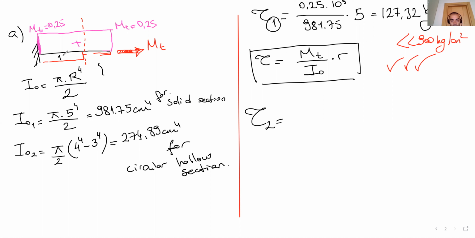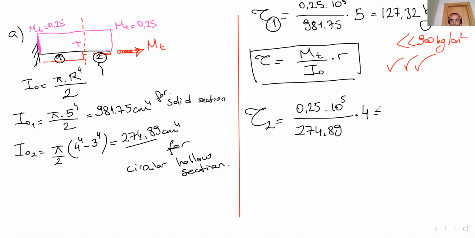This is portion 1, portion 2, the circular hollow section. The moment is constant all along the cantilever. That's why the moment is the same. So what is I0? I0 was calculated here, times radius. The radius here is 4, because the total diameter here is 8, so the radius is 4.